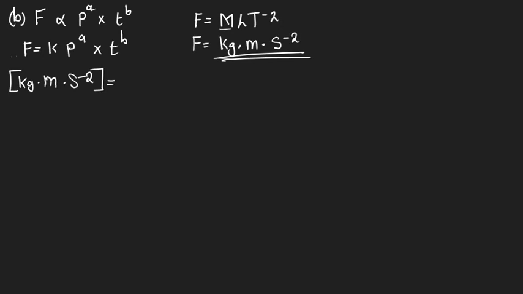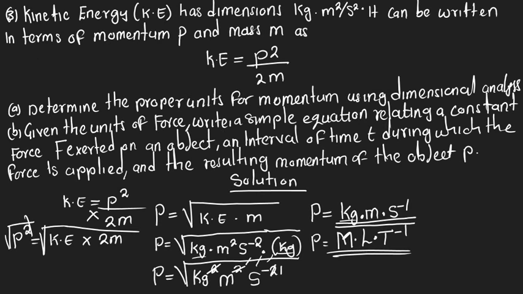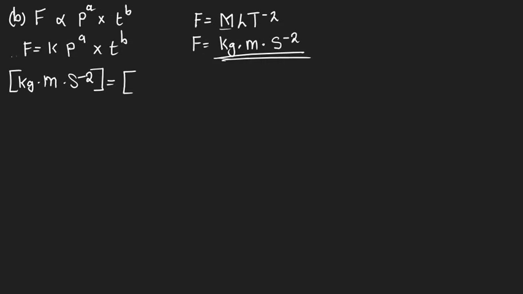Because we are using dimensions, we won't put the constant K. We can put the units of momentum. What are the units of momentum? The units of momentum were kg m s negative 1, so it's going to be kg m s negative 1 to the power a. What are the units of time? It is simply s, so that is going to be s to the power 1.